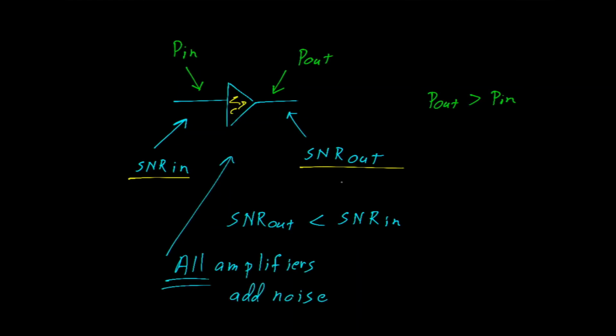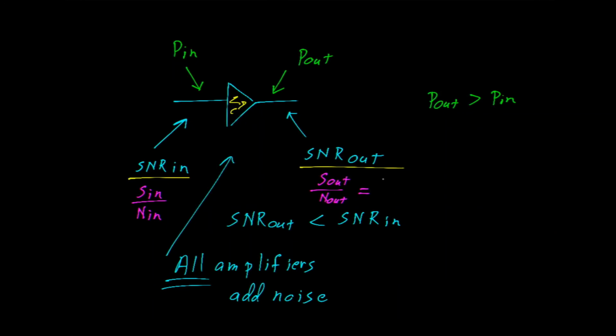Keep in mind that signal-to-noise ratio is a ratio. On the input to this amplifier, we had the signal going in and we had the noise going in. It's a division, it's a ratio. On the output, we had signal out over noise out. Because it's an amplifier, we could write signal out as a constant, which is the gain of the amplifier.